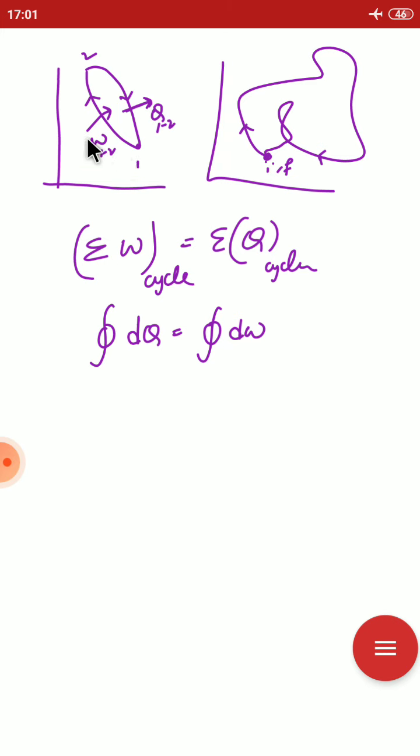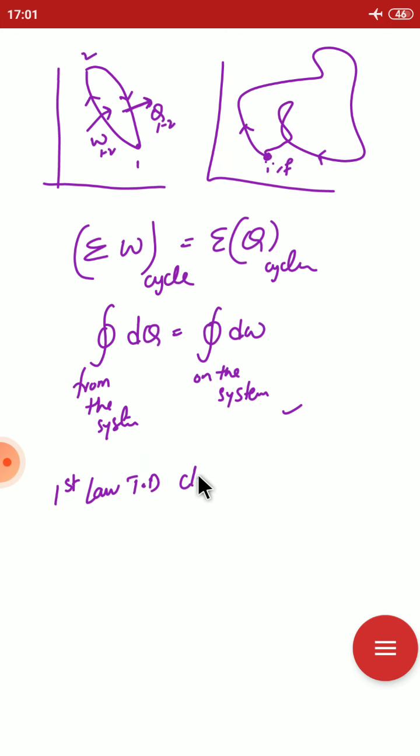In this case, the work is done on the system, and heat is transferred from the system. This is the first law of thermodynamics for a closed system.